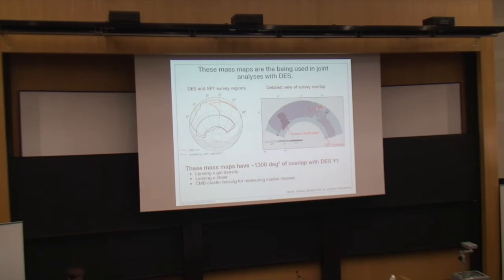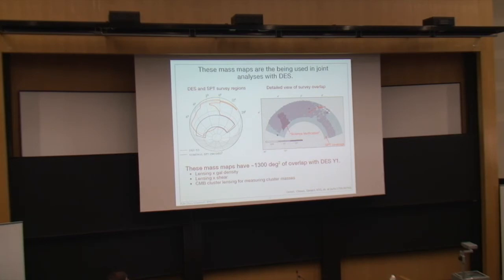And then last thing about this measurement, this map has extremely good coverage with the Dark Energy Survey. In orange, this is showing the Dark Energy Survey region, and blue is showing our 2500 square degree region, and then this is showing the exact overlap. In dark gray here, this was the science verification field from the Dark Energy Survey.